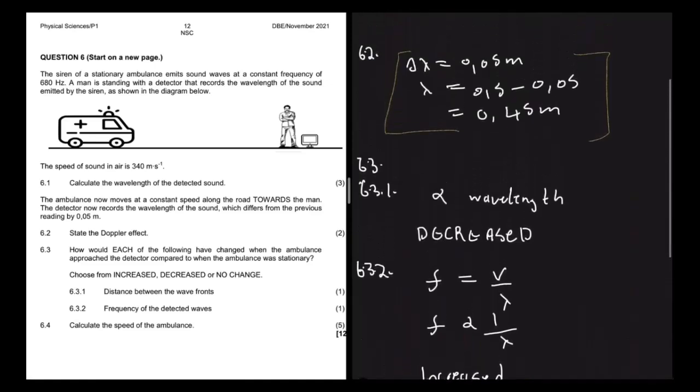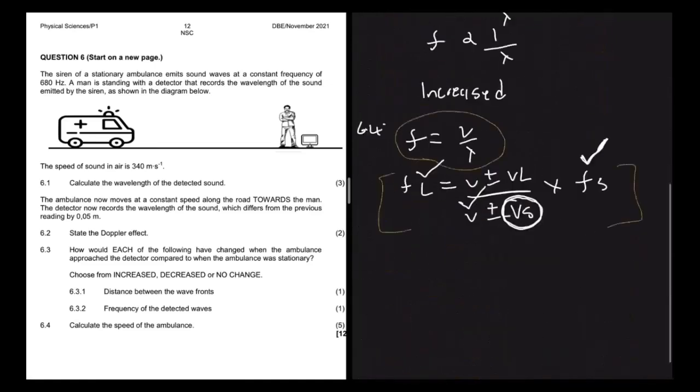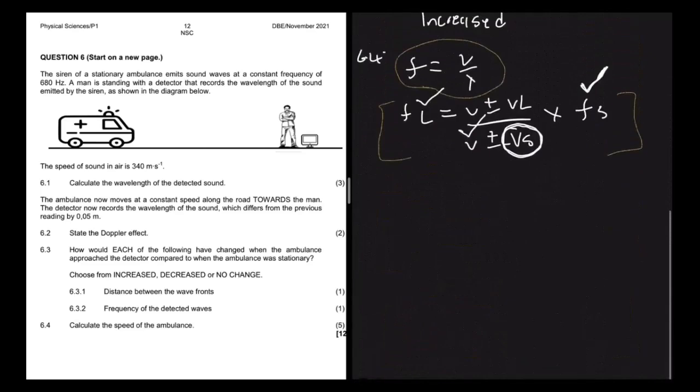Which we determined to be 0.45 meters. So we're going to have frequency of listener equals to 340 divided by 0.45 and then that will be in the units of hertz. So let's leave it like that. Let's not solve it any further.